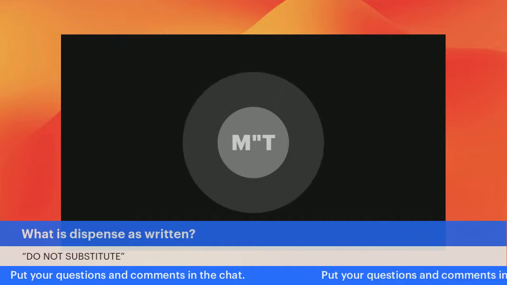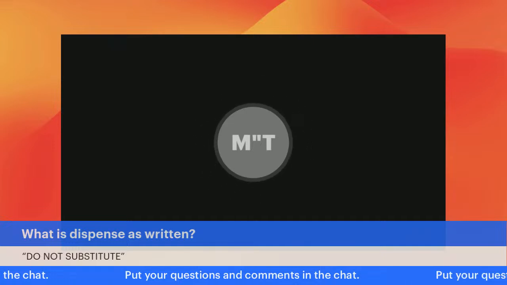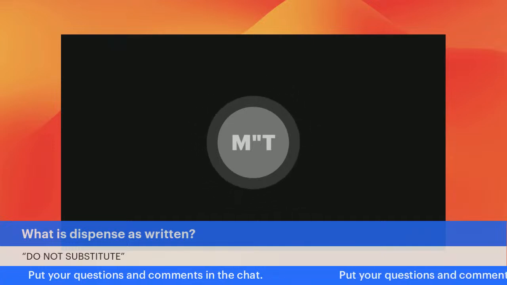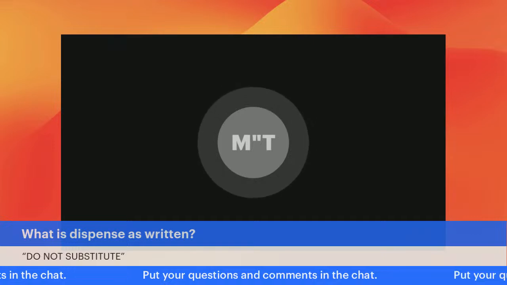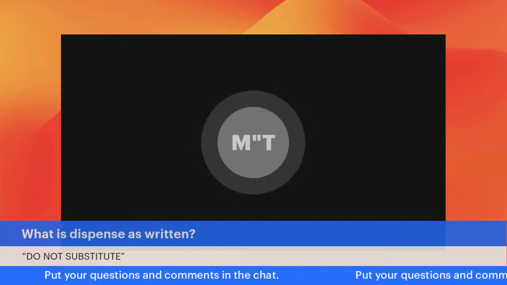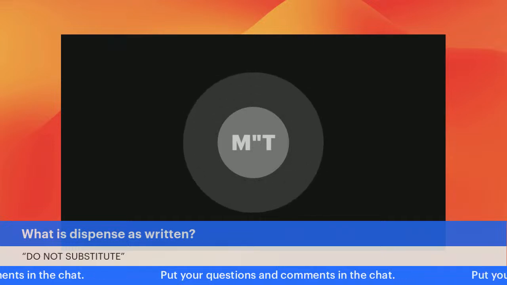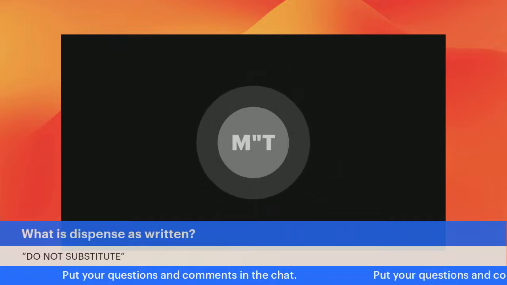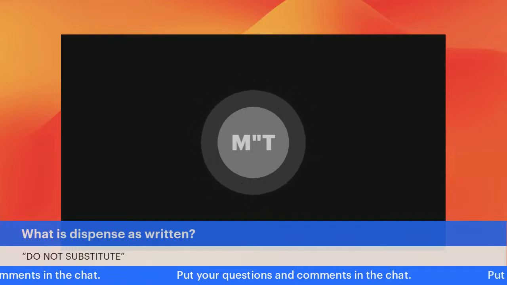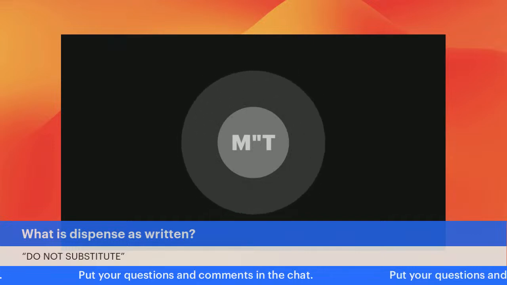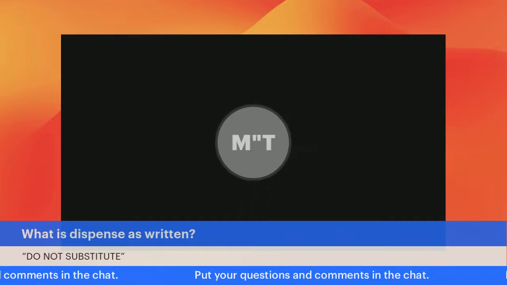Okay. So we have here in the chat, Matasha says, if you want a specific brand, but the insurance company won't pay because there is a generic, it has to happen. So what she's saying is there are instances, ladies and gentlemen, when you want to get a brand name.